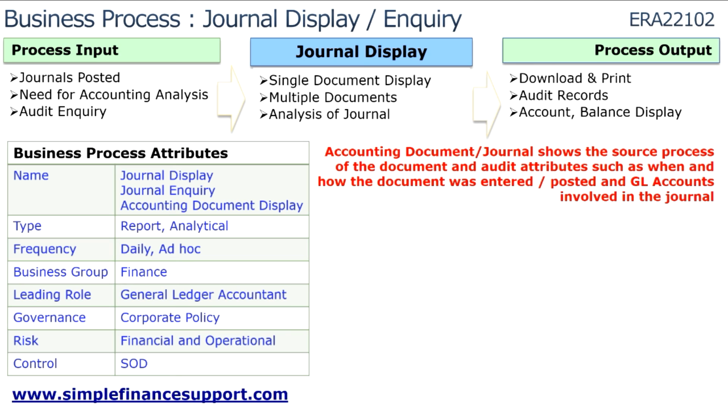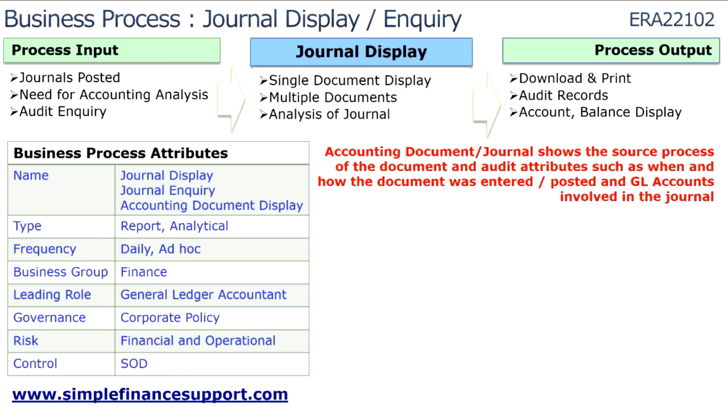From the controls perspective, segregation of duties has to be strictly enforced for this business process. The business process attributes I am describing here are system independent, no matter which accounting system you use.